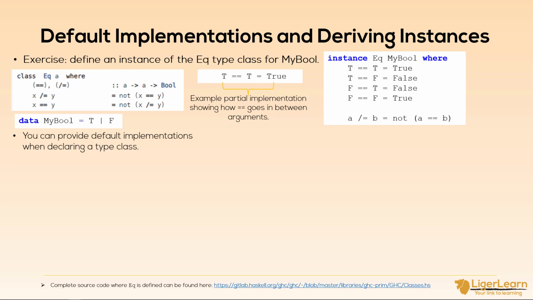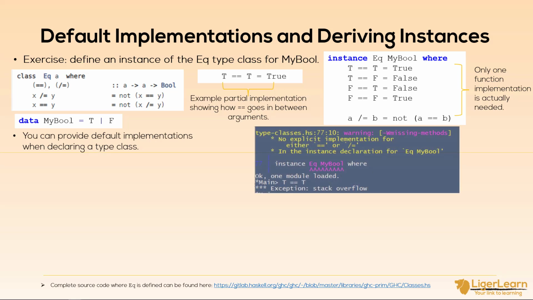In this case, since the default implementations of the EQ type class are mutually dependent, we need to at least provide a custom implementation for one of the functions. And so only one explicit function implementation is actually needed. Since they are mutually dependent, if we don't override at least one of the functions, then we will get a warning when we try to compile.